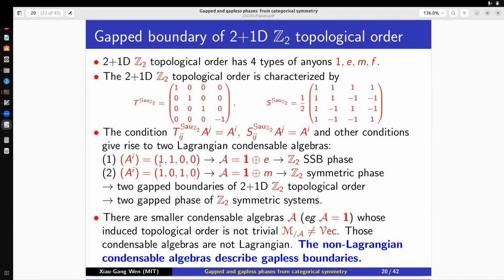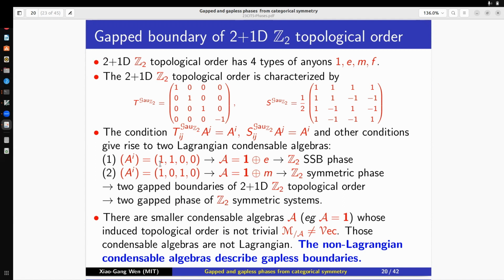I don't quite understand your question. Basically we try to say that the condensation determines the boundary, but I cannot say it completely determines the boundary, because you can always stack another gapless system onto the boundary, and that gives you another boundary.